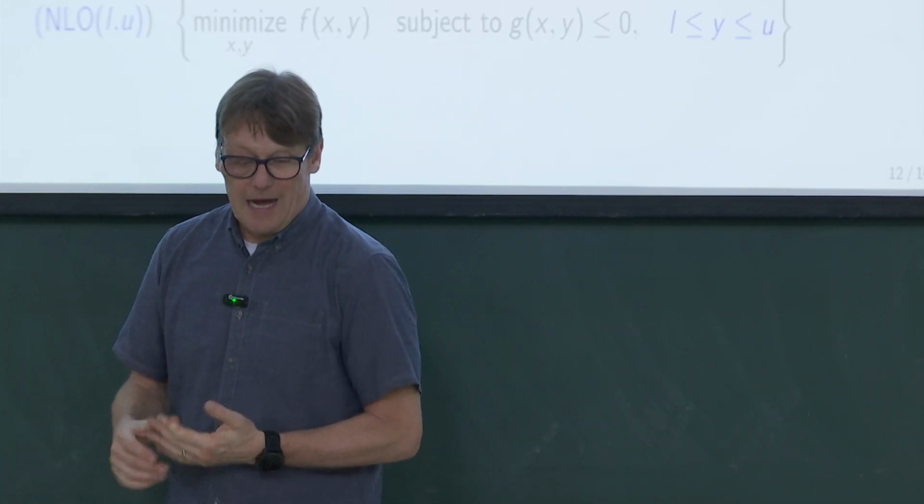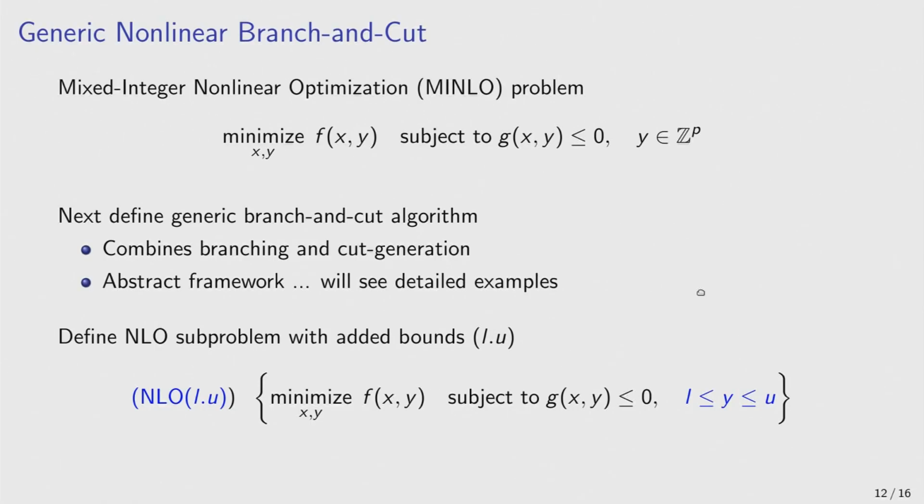Okay, so for this mixed integer nonlinear optimization problem, I'm going to define a particular subproblem in which I relax the integrality. So in this problem, y is no longer an integer, it's now a continuous variable. It's a nonlinear optimization problem, but it has got these two additional parameters, L and U. And L and U are these lower and upper bounds.